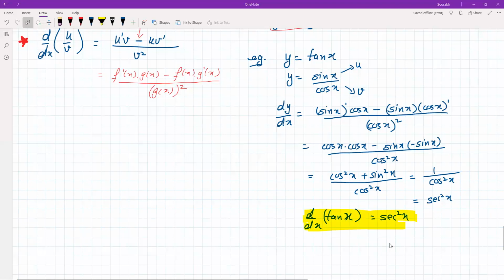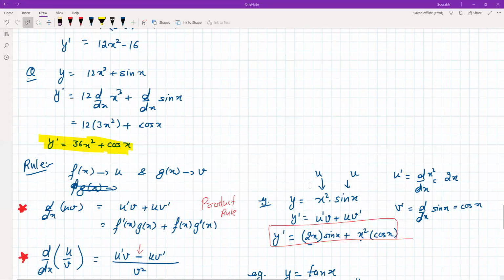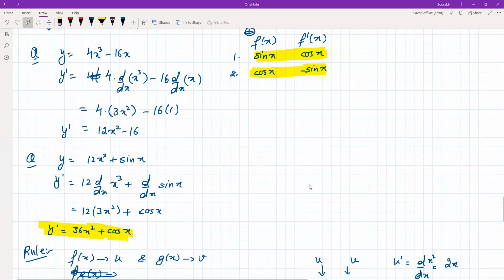So you were asking whether we have proofs of such things. So this is one of the proofs. Now this formula you will have to remember: if the function is tan x, its differentiation is going to be secant square x. And if you are asked how, then whatever we have done here is the solution for that. That is how we find the differentiation of tan x.